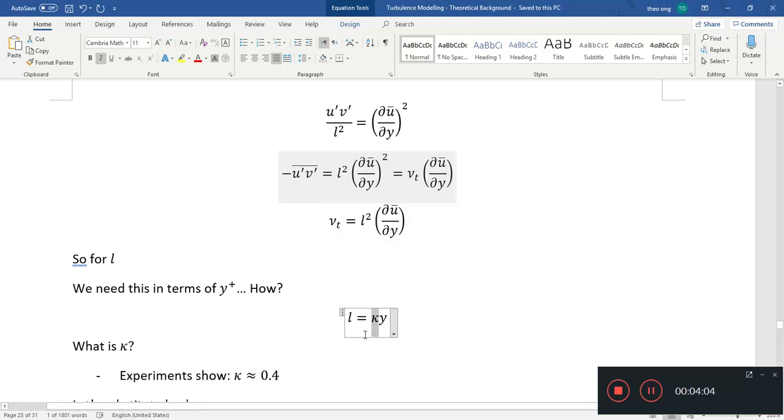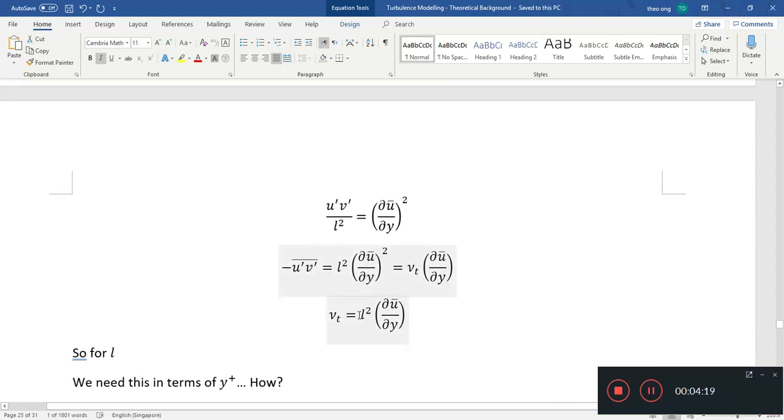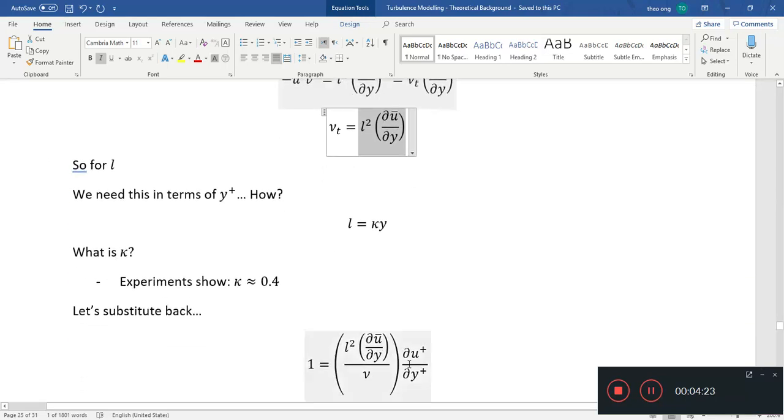Now that we have this, we can substitute this kappa y into this equation here, and we plug nu t back into our turbulent sublayer equation over here. I substitute nu t with this equation, L squared du bar dy.